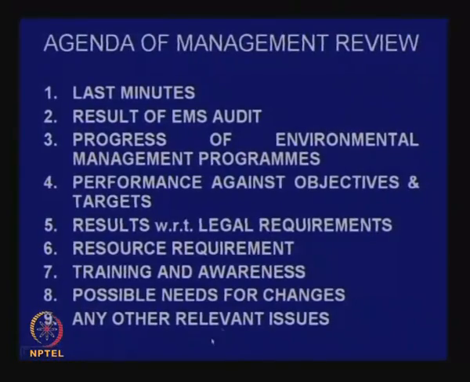So, then we come to third, progress of environmental management programs. How are they progressing, including the original activities as well as those recommended later on. Performance against objectives and targets. Every section was given a target. What has been the performance as against the target?